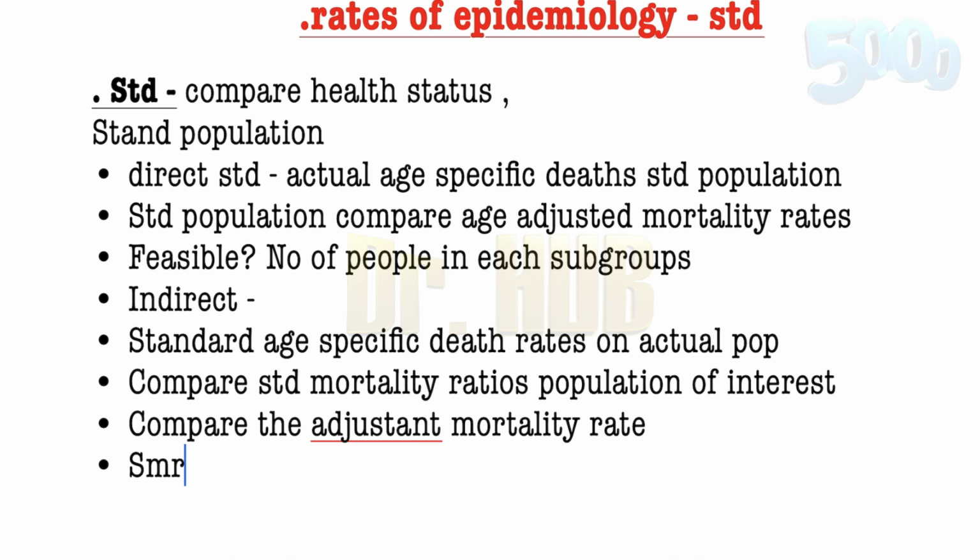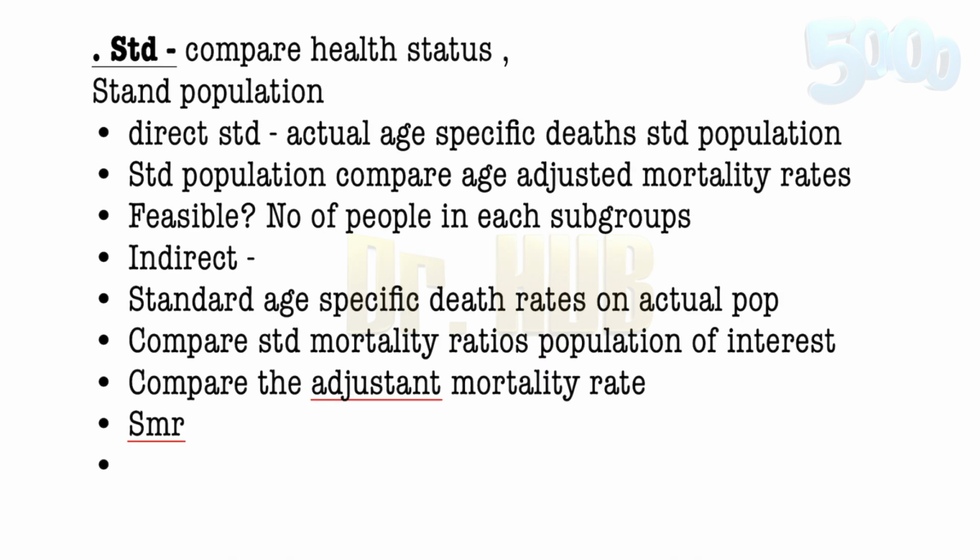So it is SMR. What is meant by standardized mortality ratio? It is a ratio of the total number of deaths that occur in the study group to the number of deaths that would have been expected to occur.